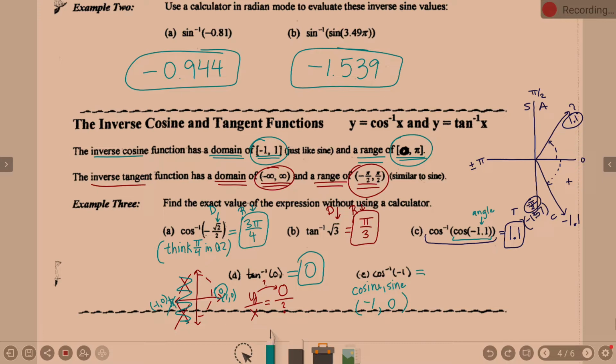Pi? Think about it, right? Cosine has to be somewhere up here on top. I want to know when x is negative 1, the only place that's going to happen is at pi. So be willing to think about those quadrantal angles. When you see your zeros and ones and negative ones, think quadrantal angles. Unless it's tangent and 1. That's the one time you don't have to think quadrantal.